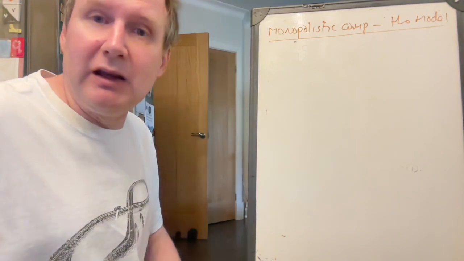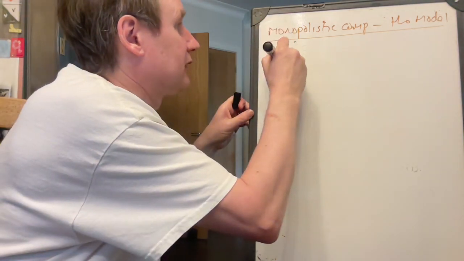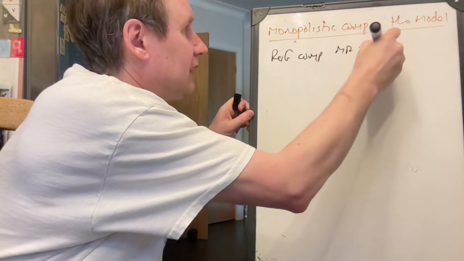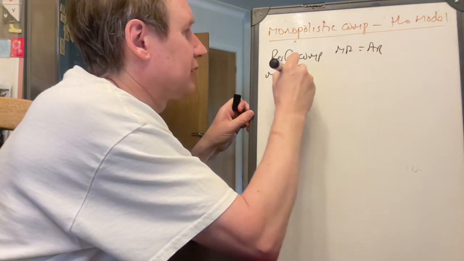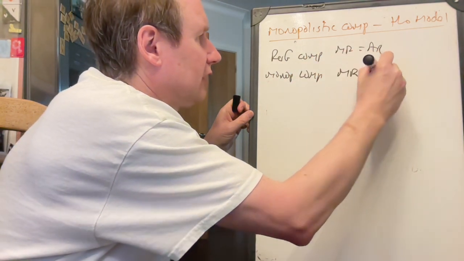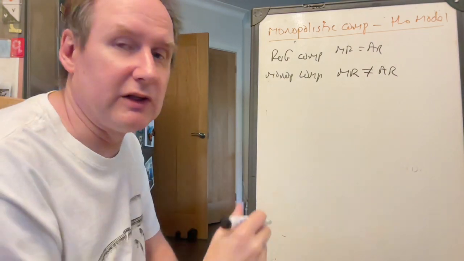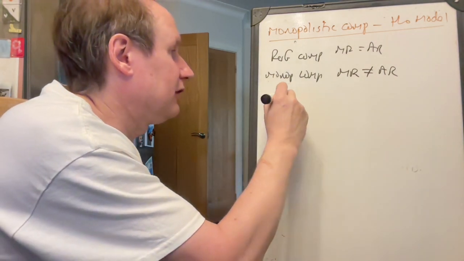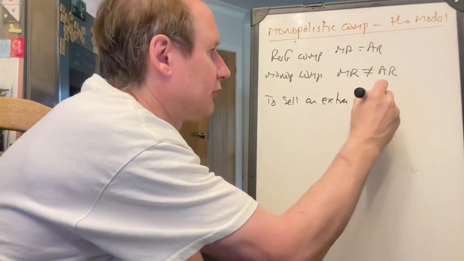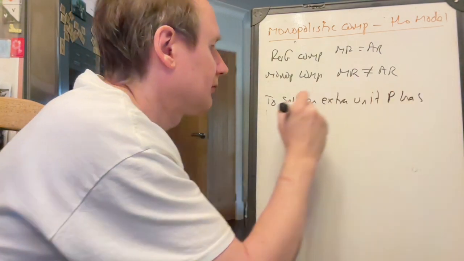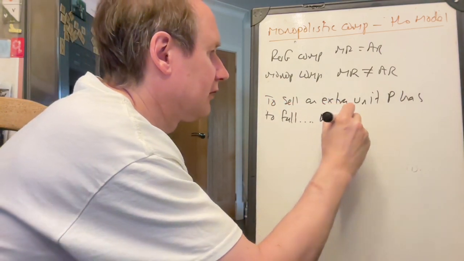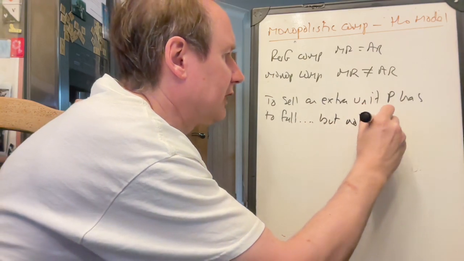So what this now means is that in monopolistic competition, marginal revenue and average revenue are no longer the same. In perfect competition, we said that MR equals AR. In monopolistic competition, it's no longer the case. Marginal revenue no longer equals average revenue. And the reason is that to sell an extra unit, price has to fall. But not just for the extra unit.